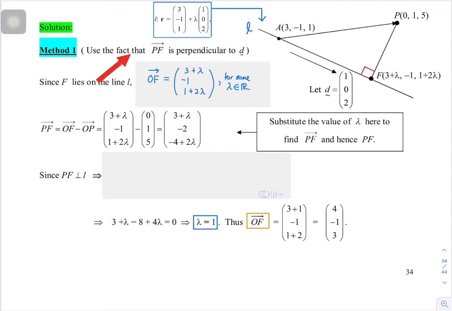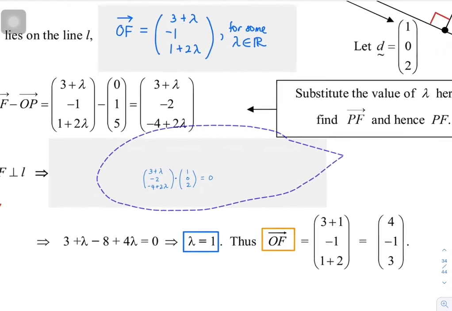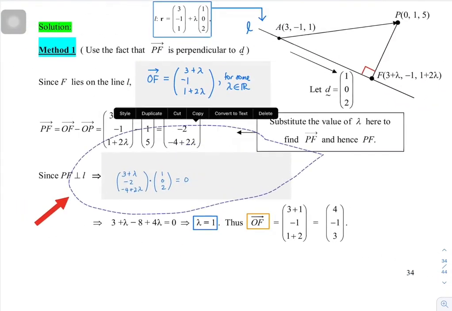Now, using the fact that PF is perpendicular to the direction vector of the line L, we go ahead to find what is PF in terms of lambda. Since PF is perpendicular to L, therefore it is perpendicular to the direction vector of the line, which is in this case the vector D, given by the column vector 1, 0, 2.